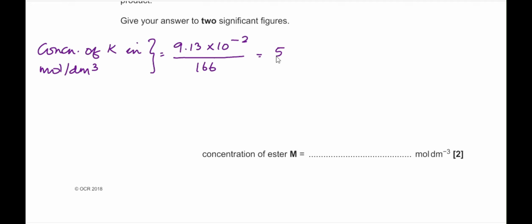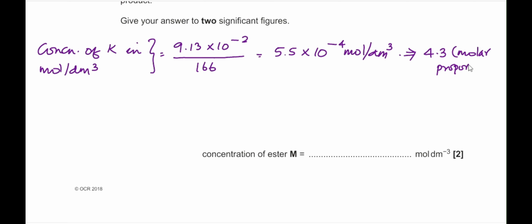Putting that into the calculator, we have 5.5 times 10 to the power of minus 4 moles per dm cubed. This is represented by a number of 4.3 molar proportion in the diagram. That is relative molar proportion.